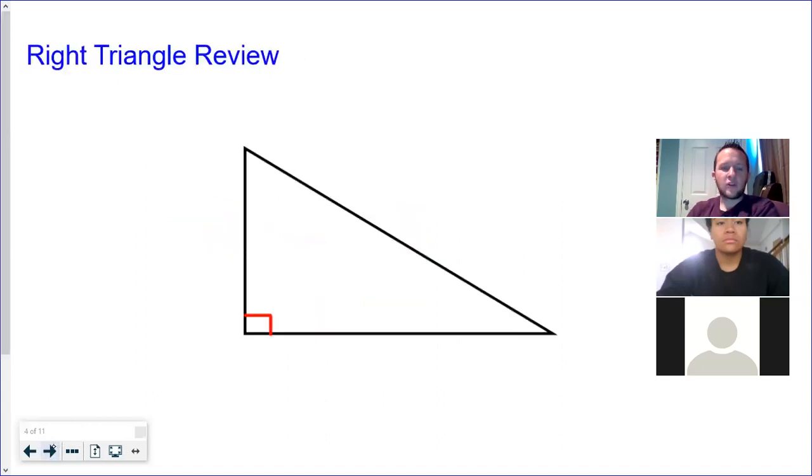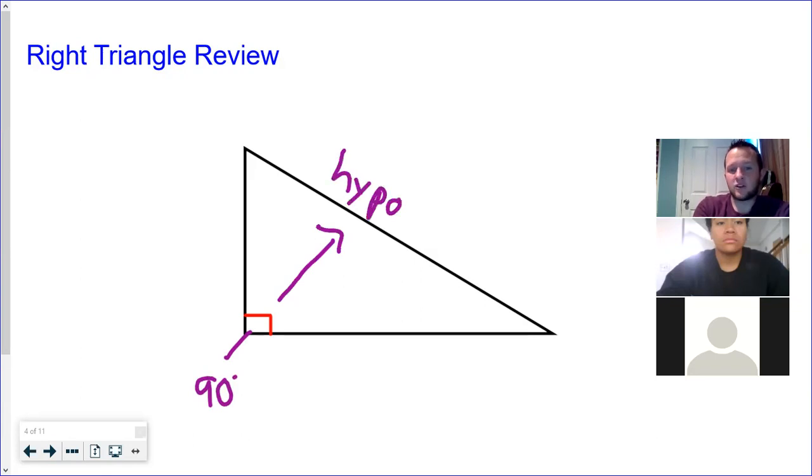Let's start with some basics with right triangle review. So remember, we said a right triangle has a 90-degree angle. The side across from the right angle is called the hypotenuse. And that is a weird word, hypotenuse, but what that just tells us is which side is the longest.